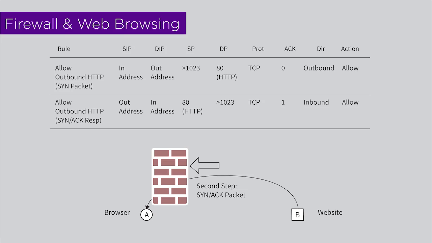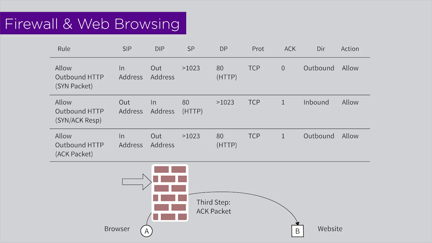So we're good. Third one is the ACK that has to go back out to the internet. So it's an in address going to a destination IP that's out. The source port again is your user, greater than 1023. Going to port 80, protocol TCP, acknowledgement bit 1, direction is outbound. And we're going to allow that.